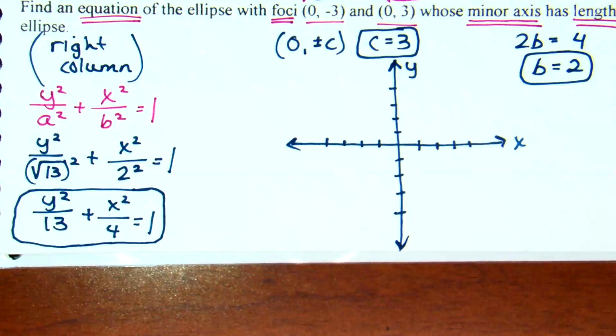If you can mark 4 each way, or you don't even have to go 4 all ways, but the first thing we were provided in this problem were the foci, 0, -3, and 0, 3. Where are 0, -3, and 0, 3? Which way? Yeah, up 3 and down 3.